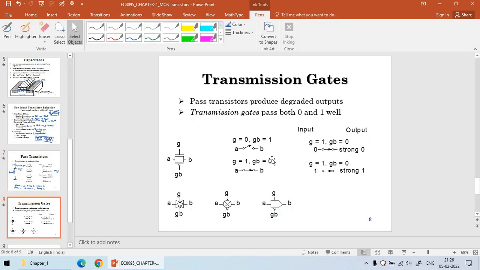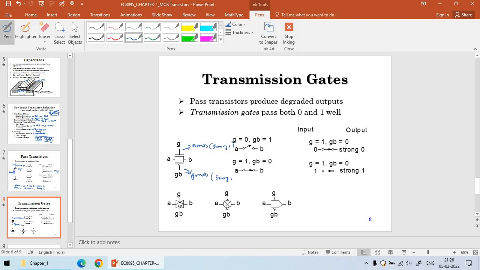Next gate is called the transmission gate. We are going to use the pass transistor or MOS transistor in such a way that you have both PMOS and NMOS, so this is NMOS and this is PMOS.